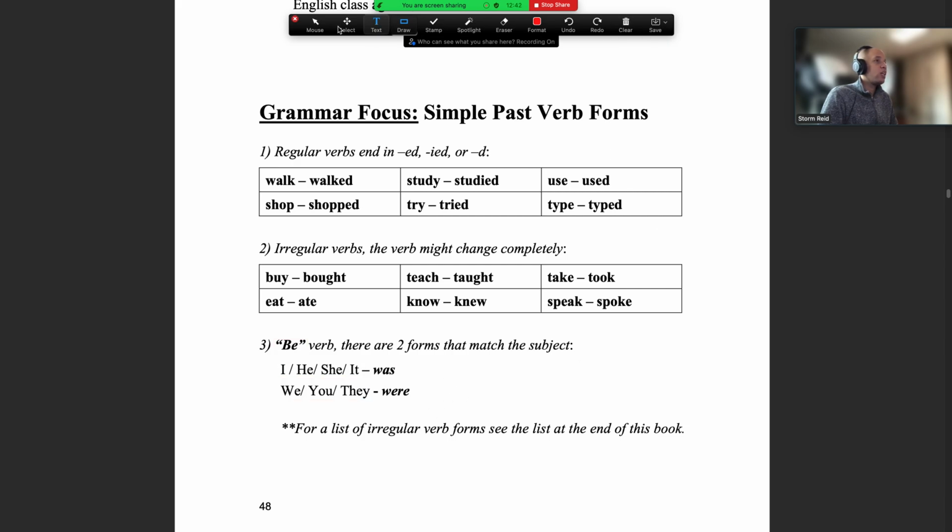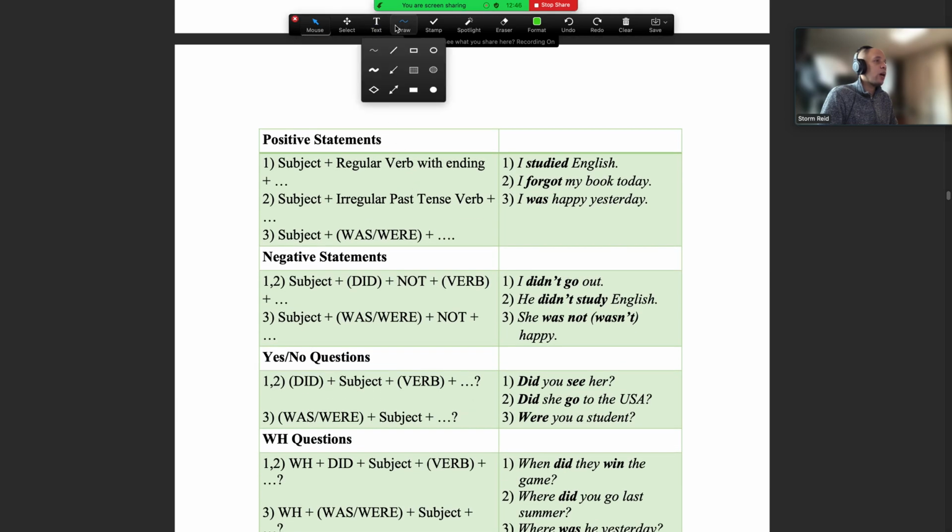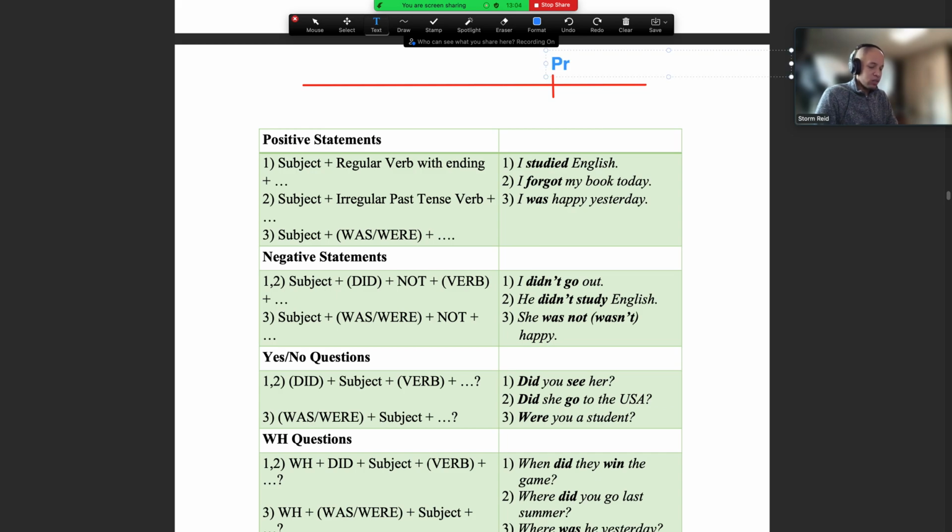So what does it look like in a sentence? We're talking about a nice and simple timeline. This is our timeline. Let's say here is now, and there's present.